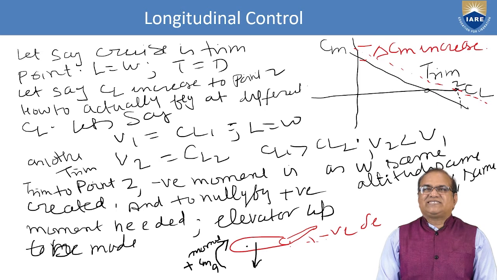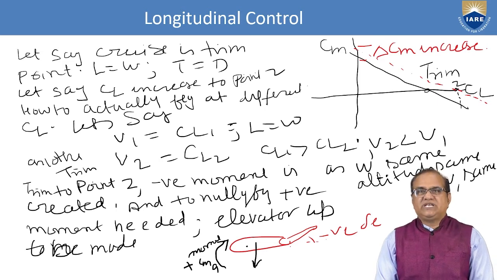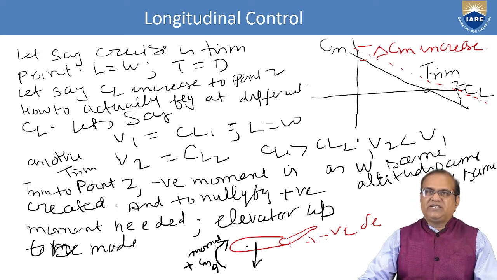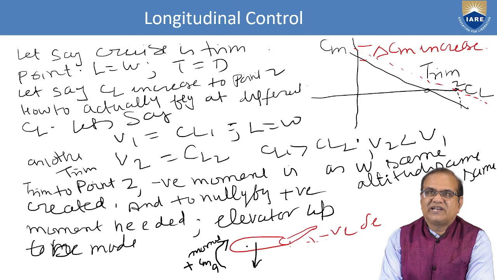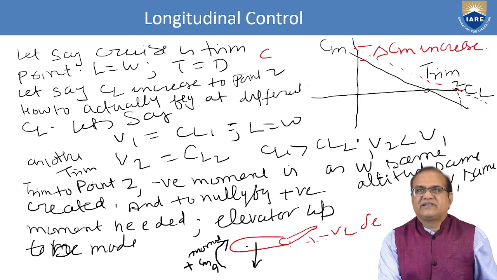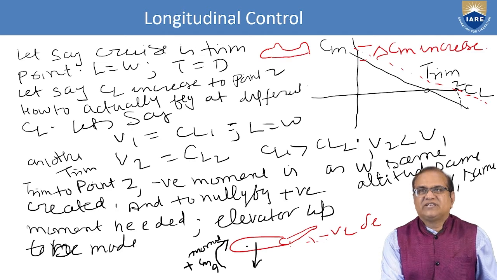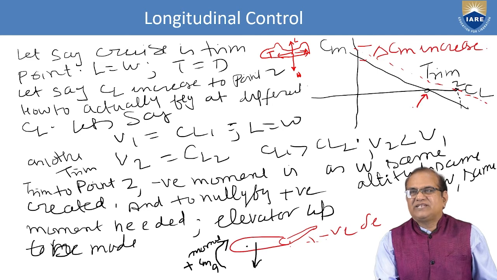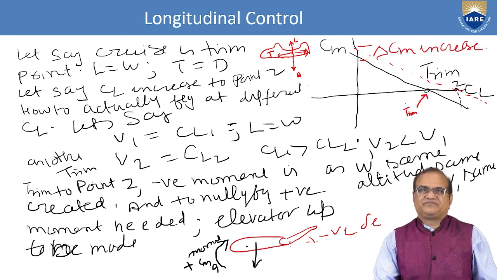So let's say the aircraft is cruising at the trim point. Here is one aircraft, and at the trim point the lift is equal to the weight, and the thrust is equal to the drag. Here is the trim point, as mentioned.